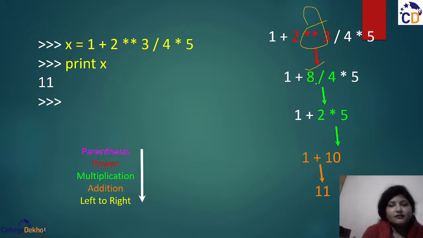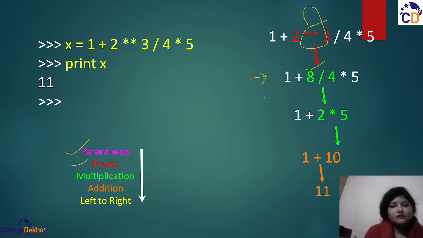There is no parenthesis in this statement. After parenthesis we have the exponent part, right? So here you can see the precedence. First you have parenthesis. There is no parenthesis, so nothing should be evaluated. Next step, power. Yes, there is a power, 2 to the power 3. So the first step is power, right?